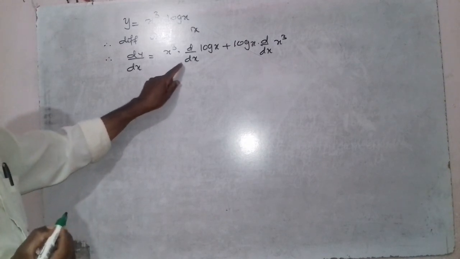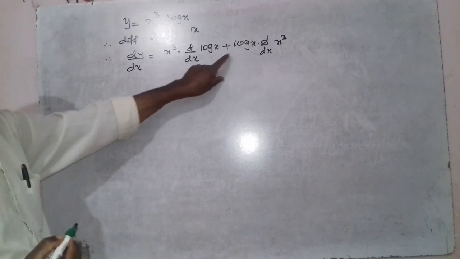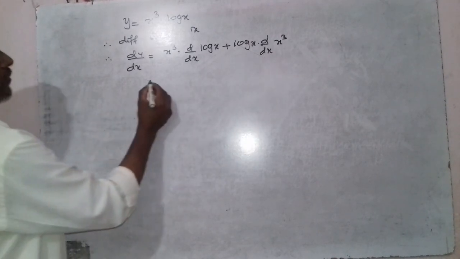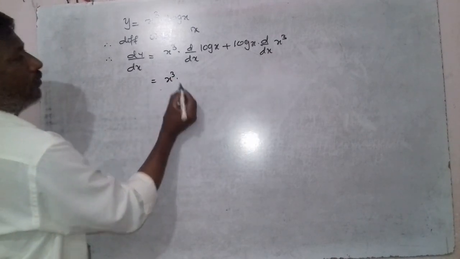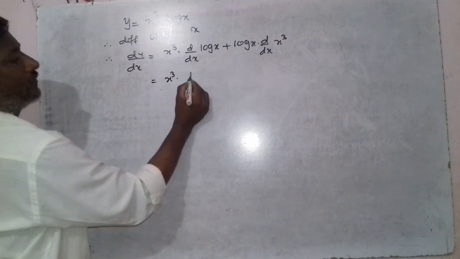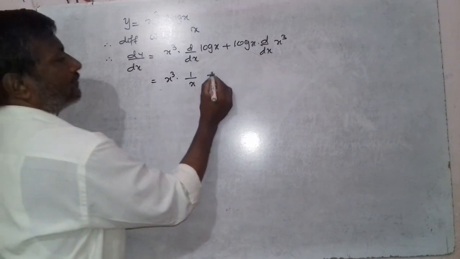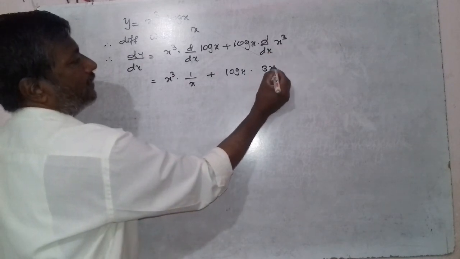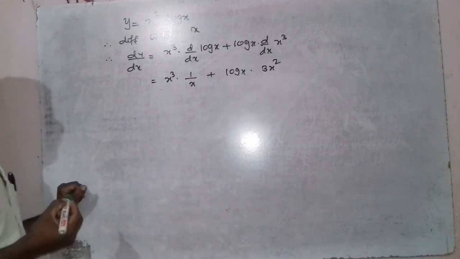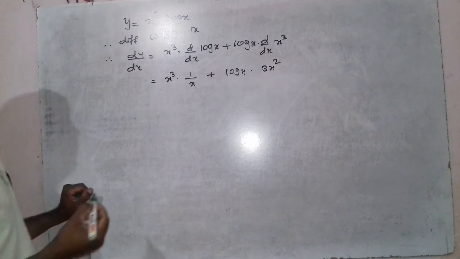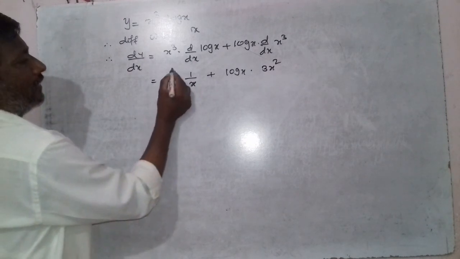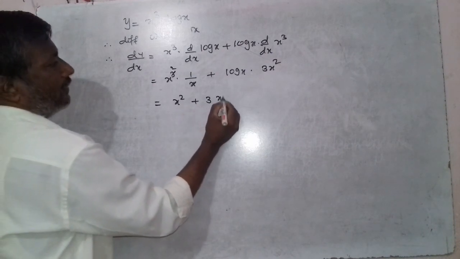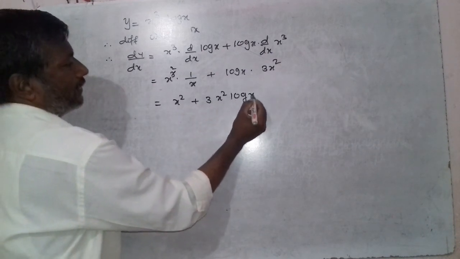Product rule: f(x) d by dx of g(x) plus g(x) d by dx of f(x). This equals x cube, derivative of log x is 1 by x, plus log x, derivative of x cube is 3x square. Here x cancels, so x square plus 3x square log x.